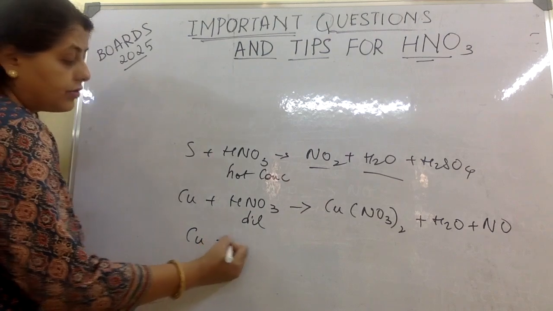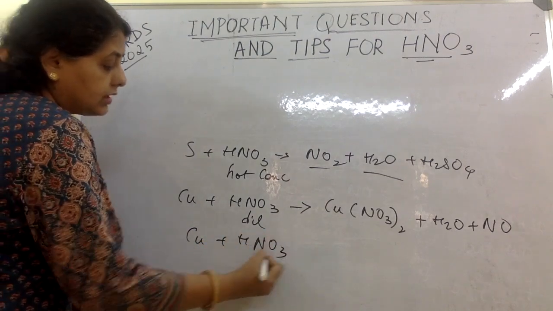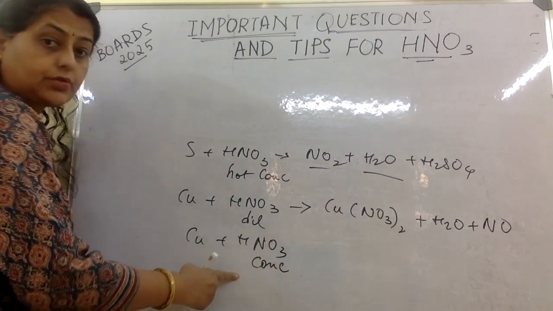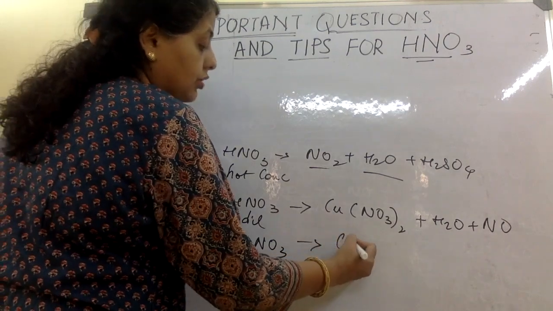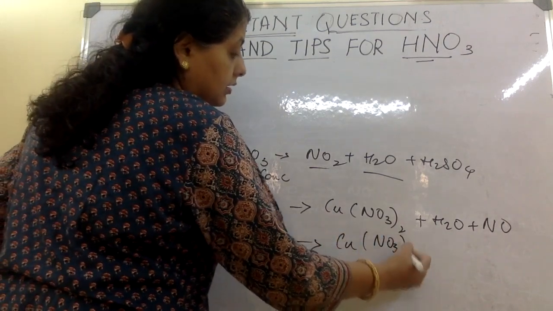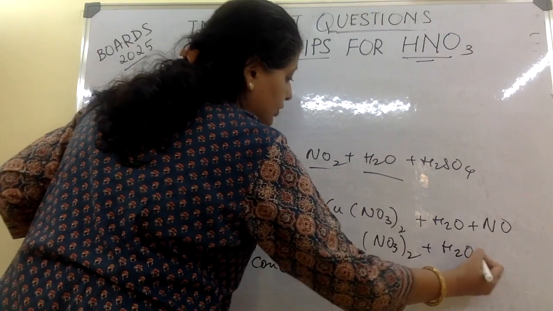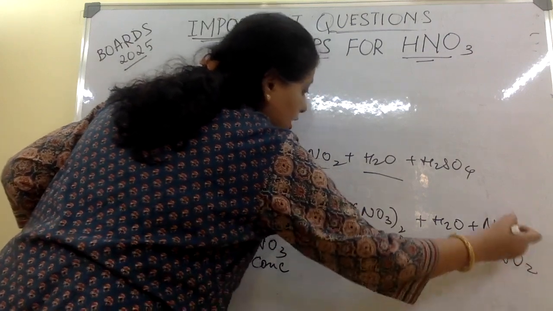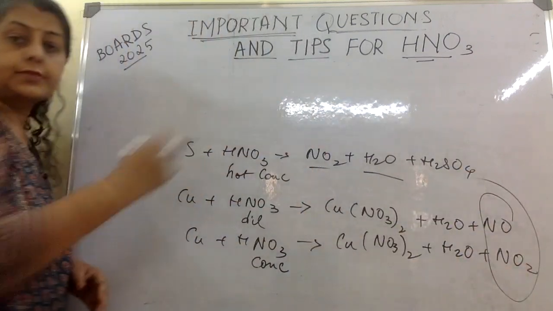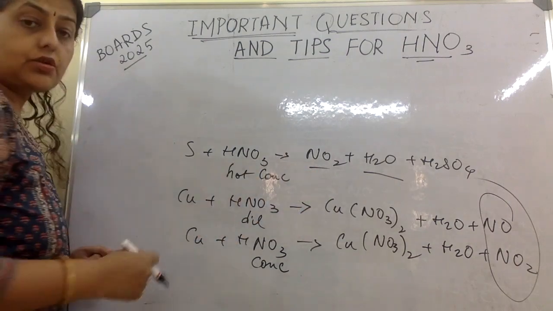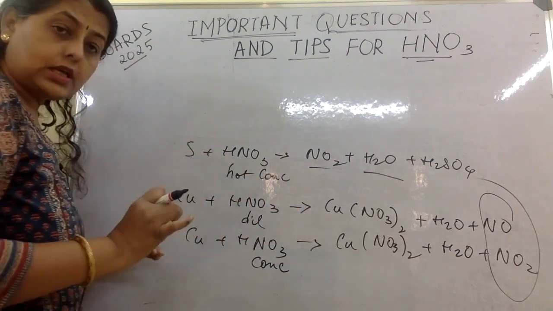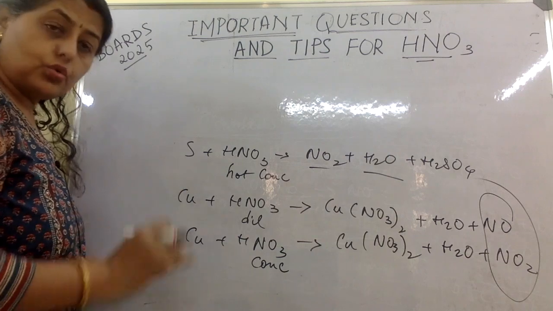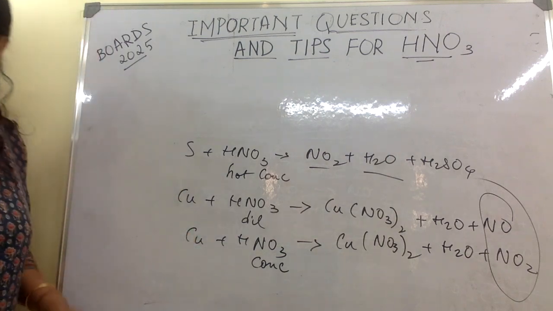Now for copper and HNO3, the same two substances, when it is concentrated, it is copper nitrate plus H2O. Now see, here is the change. The only change is nitric oxide versus nitrogen dioxide. Very often asked from nitric acid. Know it and go.